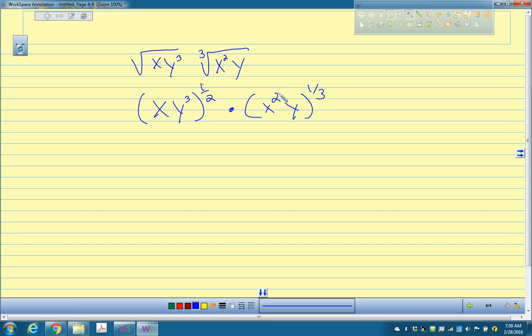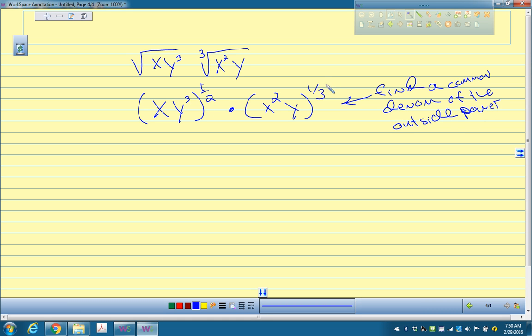So now I'm going to find a common denominator of the outside exponent, the outside power, I guess I'll call that.